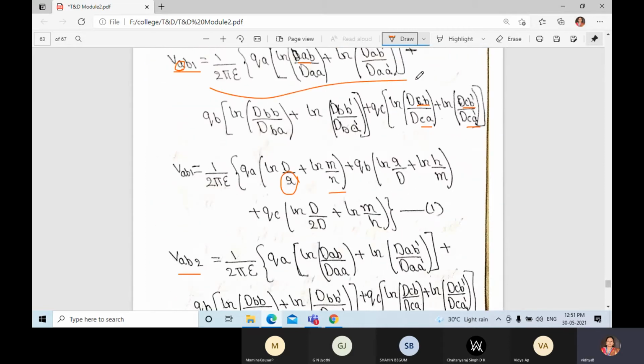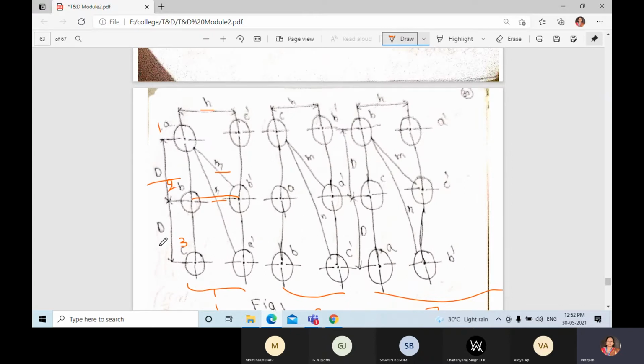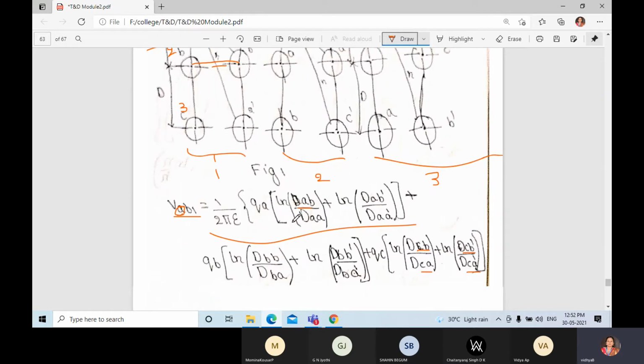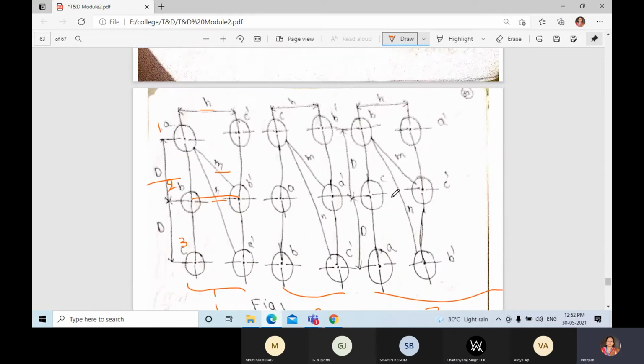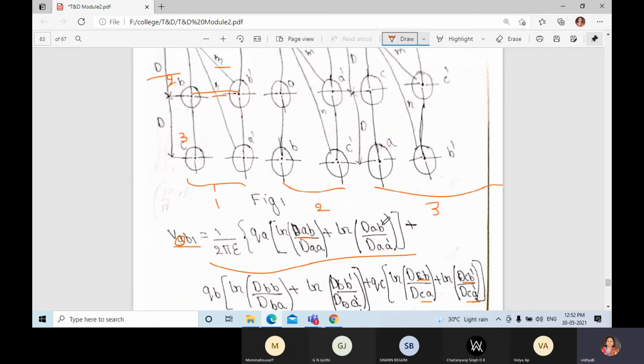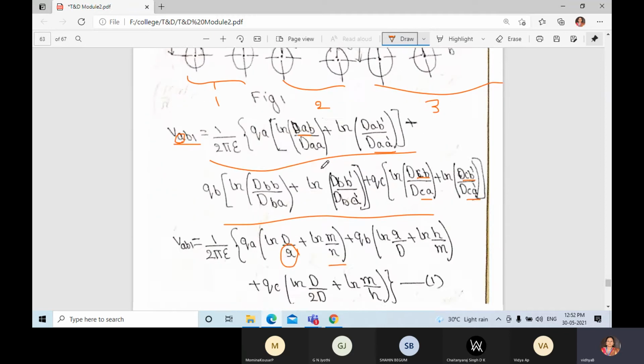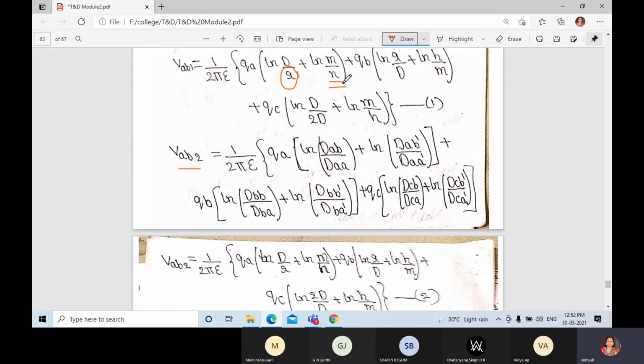The same equation can be written, only the distance values will change. In the second case, the distance between A and B is the same D, and A to A is the same R. The distance between A and B dash will be M. The distance between A and A dash is H. Here in the first equation we got N, and in the second equation H. Only the distance value will change.